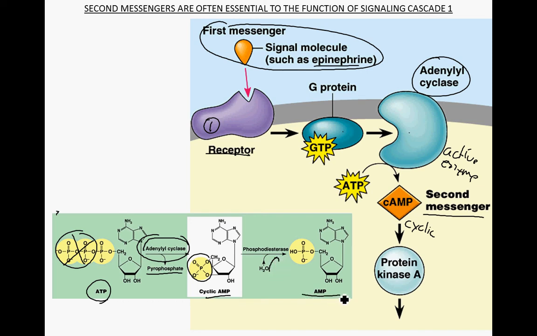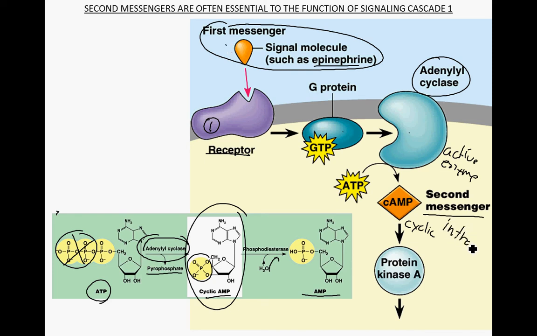Now, what's the big deal with this? Well, this cyclic AMP molecule right here is active, is reactive, and will act as a second messenger. This second messenger is not the first messenger. So this is not extracellular, it's not a hormone, it's not a chemical outside the cell, it's intracellular.